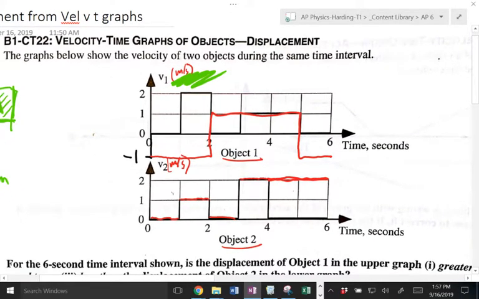So, drag your star to the one that's got the greater displacement here. Which one's got the greater total displacement, if you will?